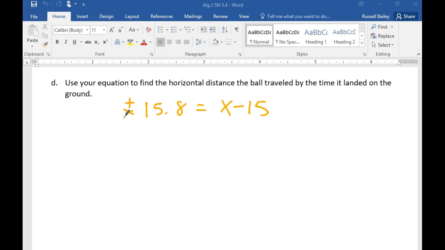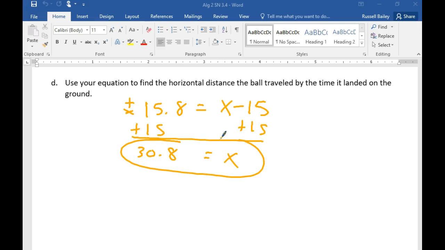So what do I do now? Add 15, and we get 30.8. So by the time that ball lands on the ground, it'll be about 30.8 meters away.